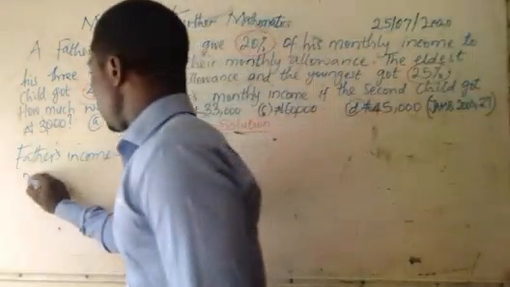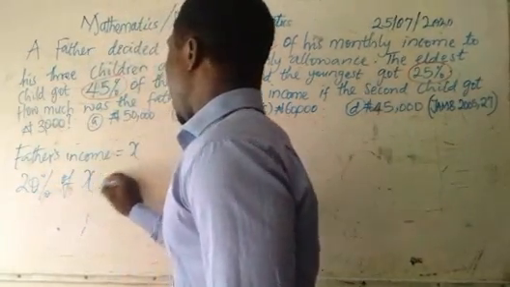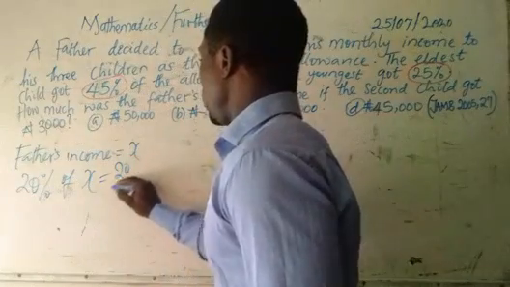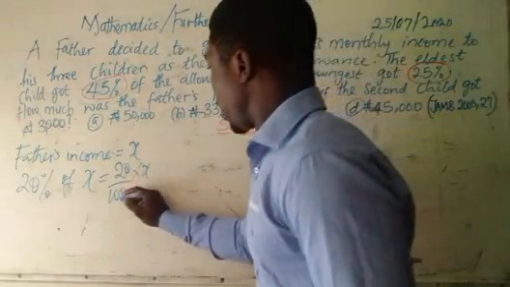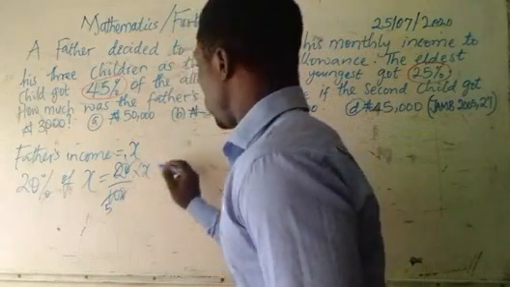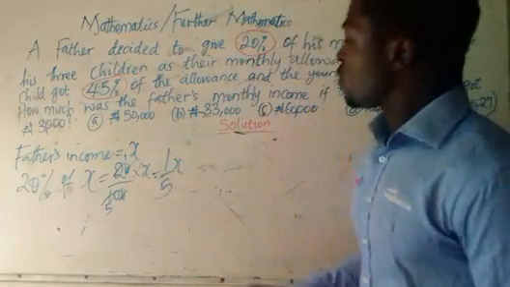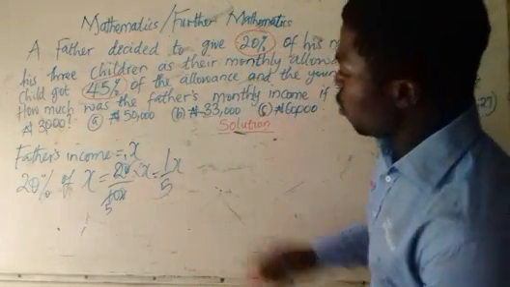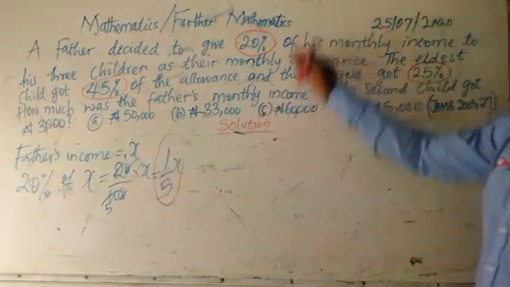So 20% of X is equal to 20 over 100 multiplied by X, which will give us 1/5, equal to 1 over 5x. So it is this 1 over 5x that is going to be shared among the 3 children.